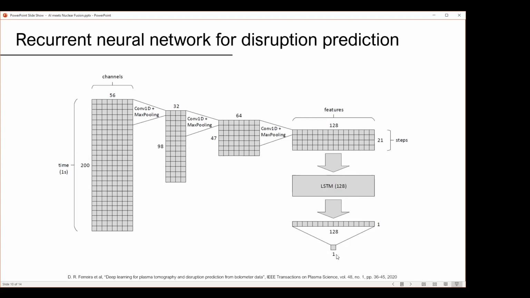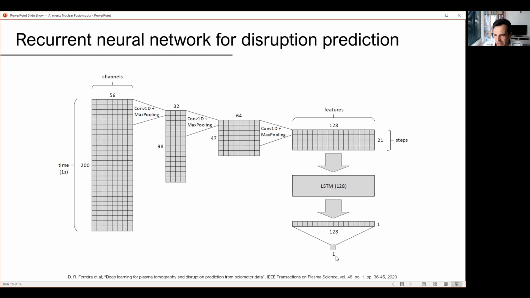We could also train it in a different way. This value at the output could be, for example, how much time we have left until the disruption. So the two ways of training the network are different, because if you're training the network for, let's say, probability of disruption, you will want to give it examples of both disruptive and non-disruptive pulses.